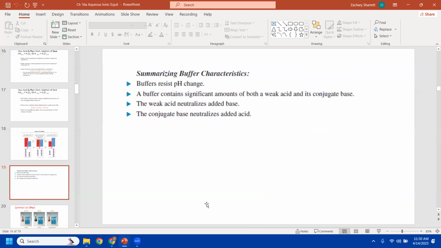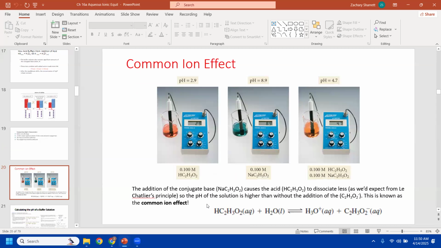The reason why our blood uses carbonic acid and sodium bicarbonate is because that gives us a buffer roughly at the physiological pH. If you use a stronger weak acid, it would probably have a pH starting lower if you were using equal amounts. If you're using a really weak acid, it would probably have a basic pH. So these are all things to consider, and that's where we'll end it.